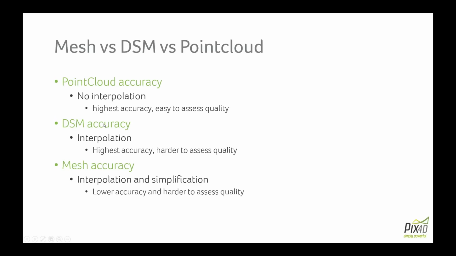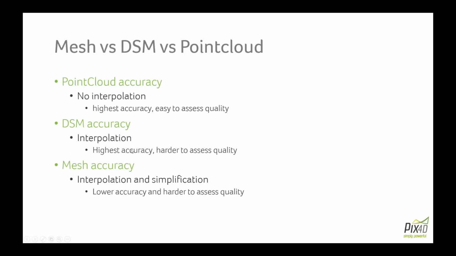Now about the DSM. The DSM has a bit of interpolation because we do triangulation of the points for projects. However, the interpolation there is not very destructive. We are not really changing the shape of anything. It's just filling the holes, so to say.